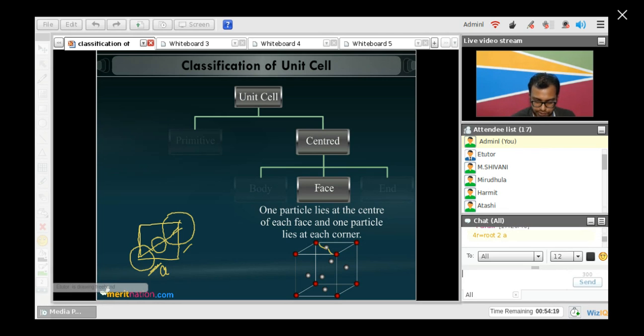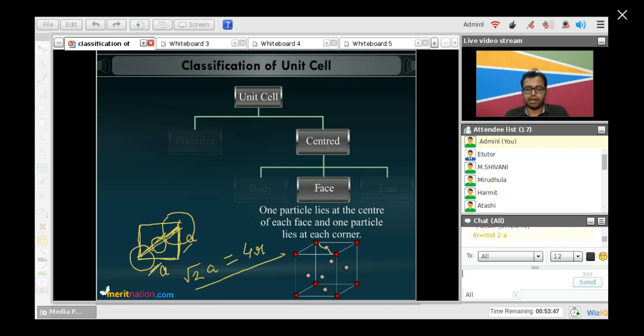This triangle is a right angle triangle, with base a and height also a. Then the value of the hypotenuse will be root 2a. Root 2a is equal to 4r. This is the relation between the radius of the atom and the edge of the unit cell in case of face center.